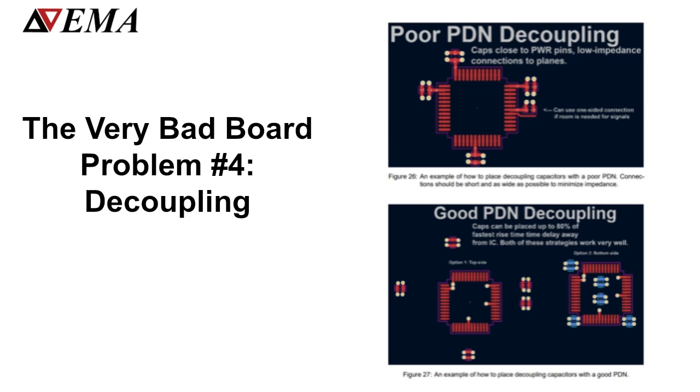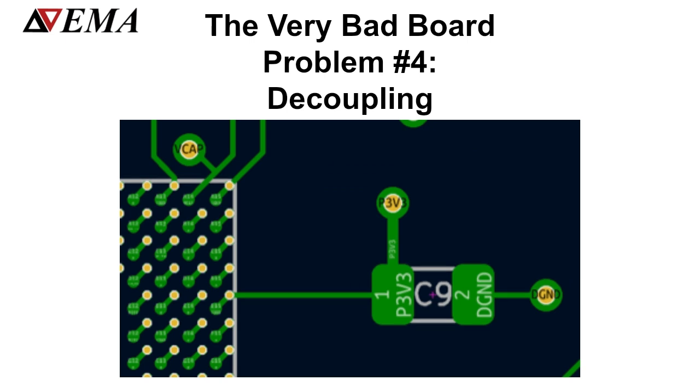One small change to your code could completely ruin that decoupling that you have. So proper decoupling is much more involved, and we can see on the Very Bad Board, the decoupling is very poor for many reasons. The mounting is really bad, the way that we mounted the capacitors to the board. The geometry of the capacitor is too large, and the connections to the IC are too high impedance.